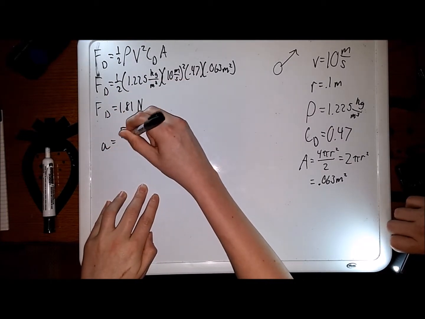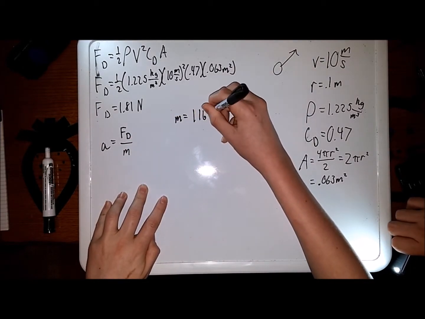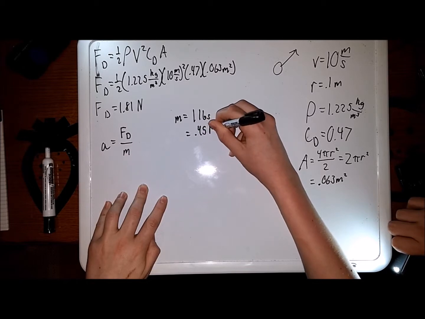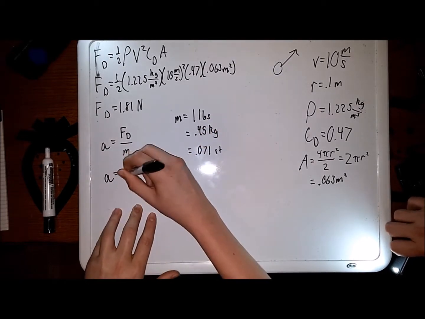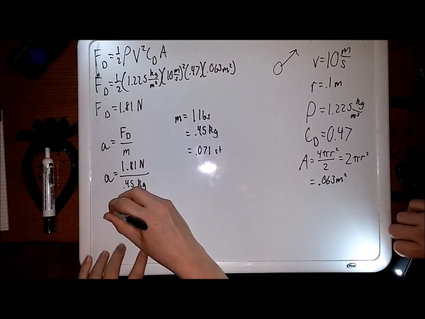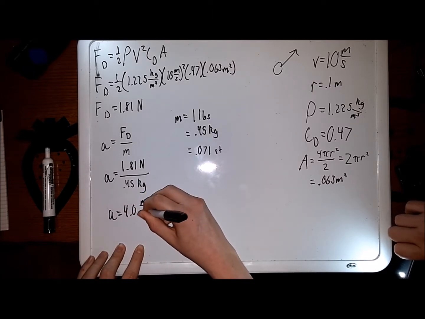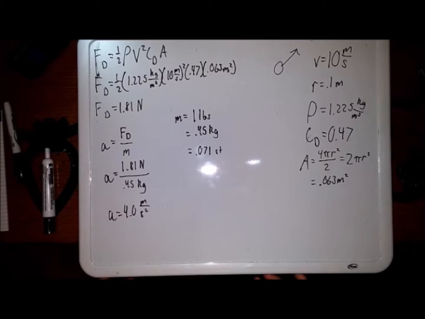And you plug that into a equals force of drag over mass. The weight of the grapefruit is 1 pound and the mass is 0.45 kilograms. Magnitude of acceleration due to drag is 4.0 meters per second squared. And so, with an acceleration almost half that of gravity, and in a direction resistive to the motion, it's safe to say that air resistance is not negligible.